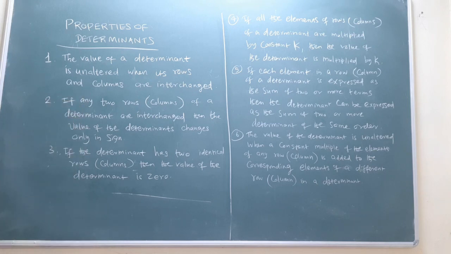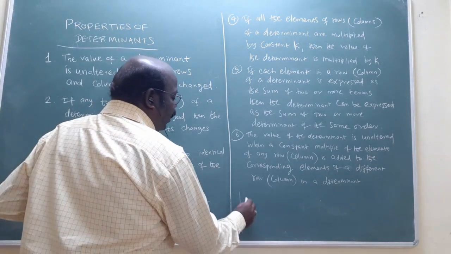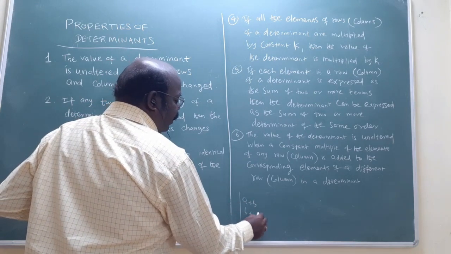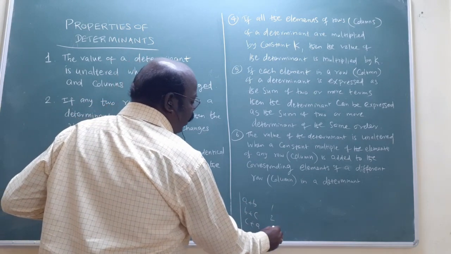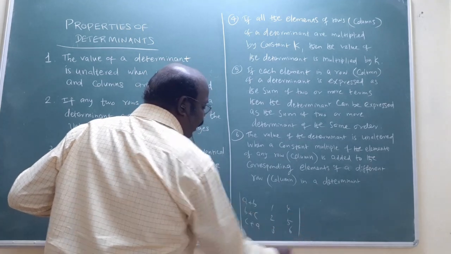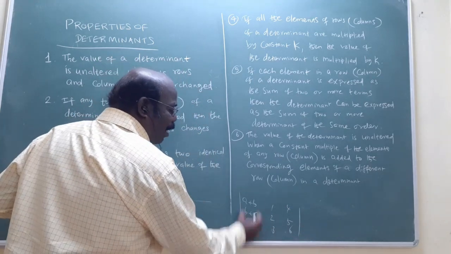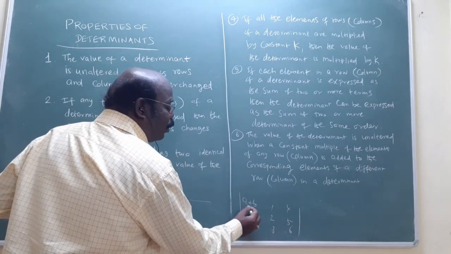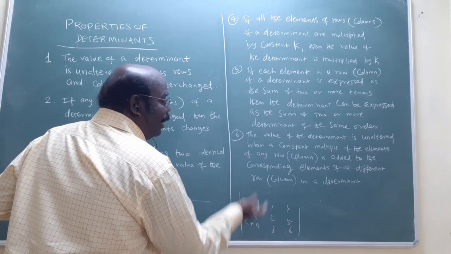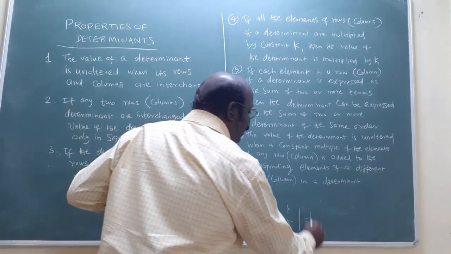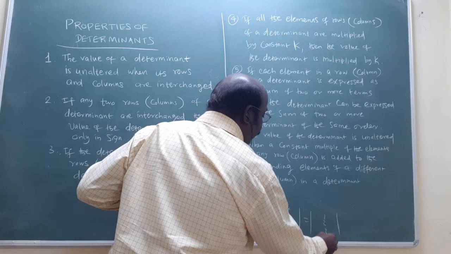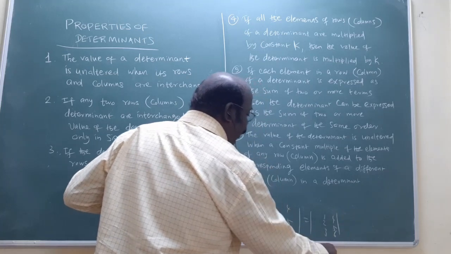Next one: if each element in a row or column of a determinant is expressed as the sum of two or more terms. For example here, A plus B, B plus C, C plus D, then 1, 2, 3 and 4, 5, 6. Here in the first column, sums of two terms are there. This can be expressed as a sum of determinants: the 1, 2, 3 and 4, 5, 6 rows have no change at all.